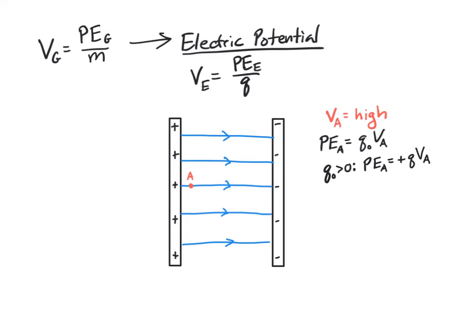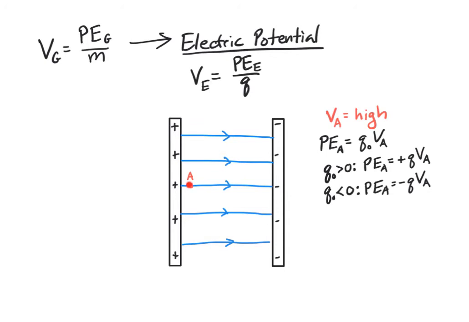And so we get a positive potential energy. On the other hand, if the charge that I place there has a negative value, then the potential energy at position A is equal to a negative amount of charge times the large value of electric potential. And so we can see that this one value of potential gives us exactly what we want to happen.